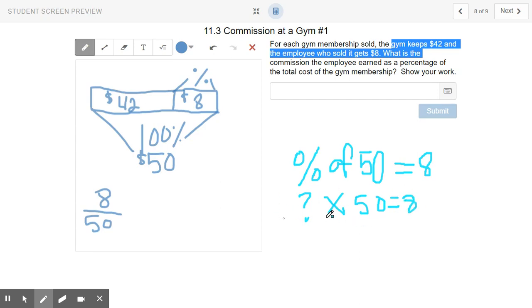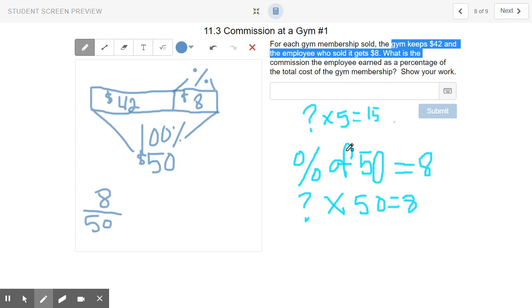And if we wanted to solve this problem, sometimes this throws my students for a loop because they start thinking, oh my gosh, do I do 50 divided by 8 or do I do 8 divided by 50? Well, think of this problem. What number times 5 is 15? Well, you know the answer is 3.